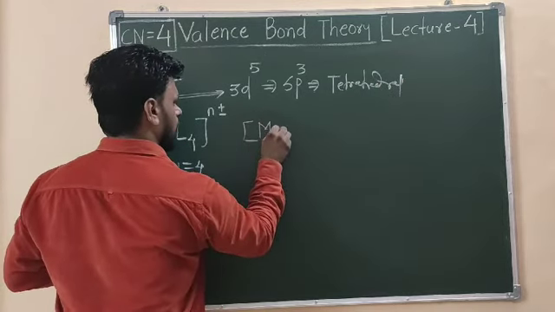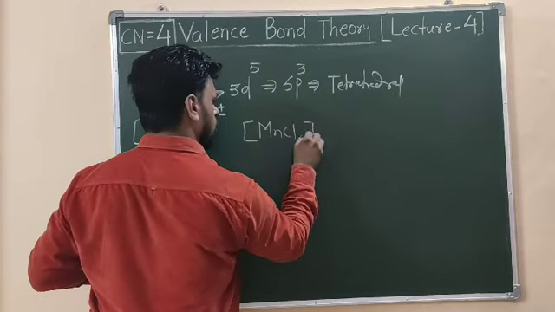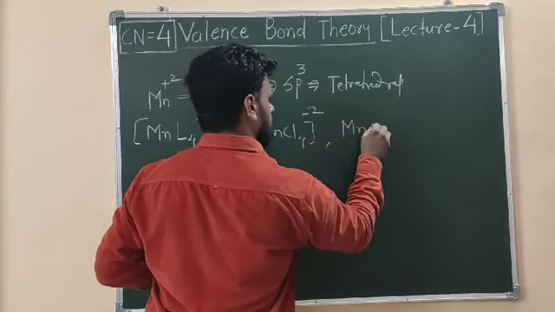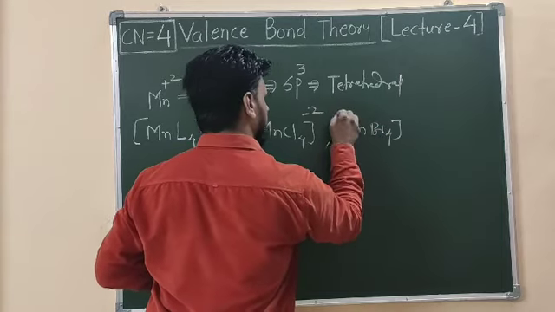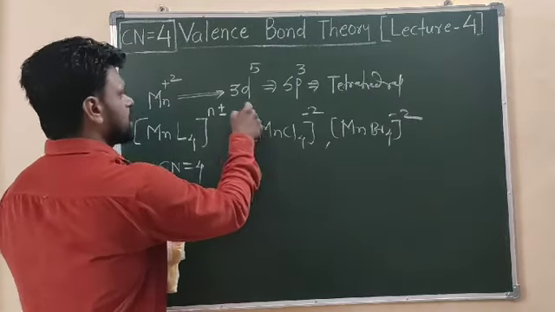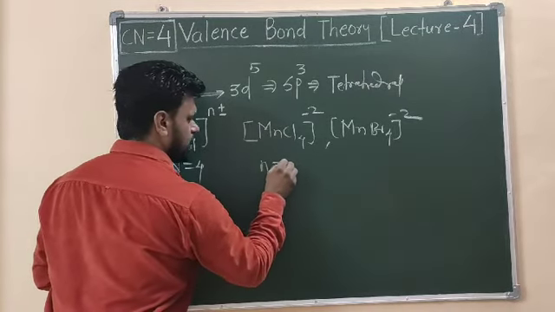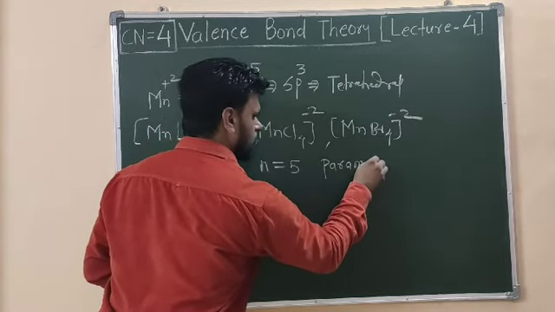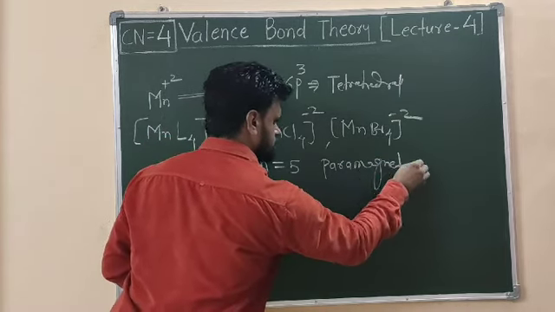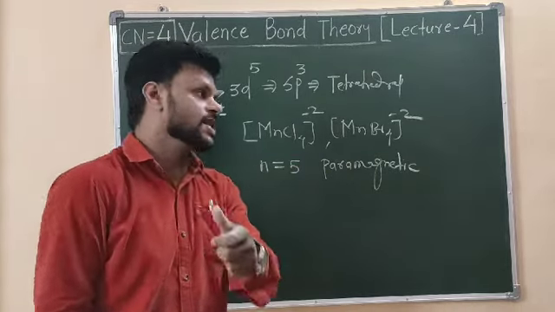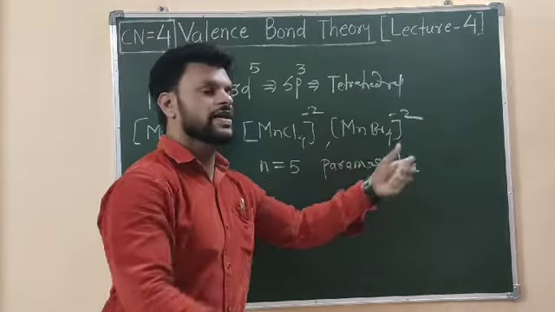We can have the MnCl4 2- complex, or the MnBr4 2- complex, and in all these cases you will see that these complexes have n equal to 5, and these are paramagnetic in nature, because Cl- and Br- are large size ligands, and also they are weak field ligands.